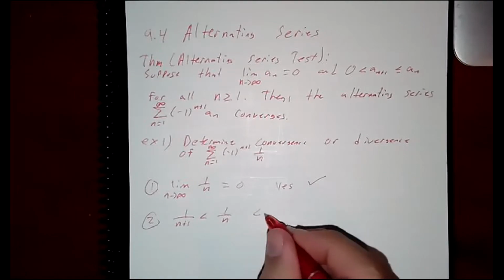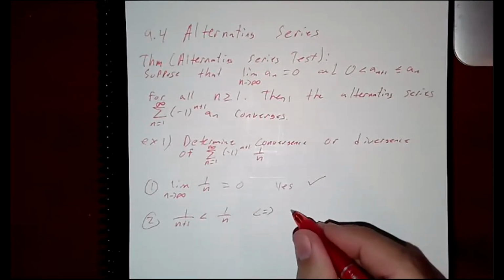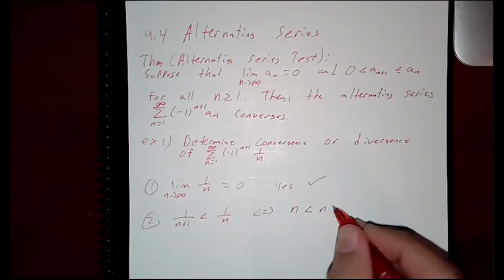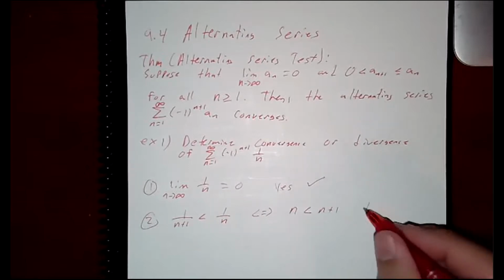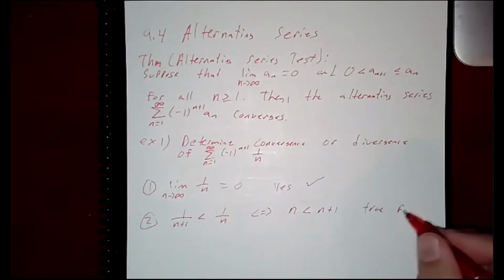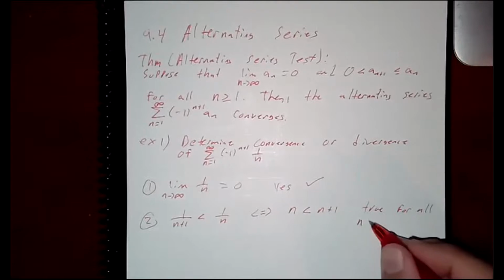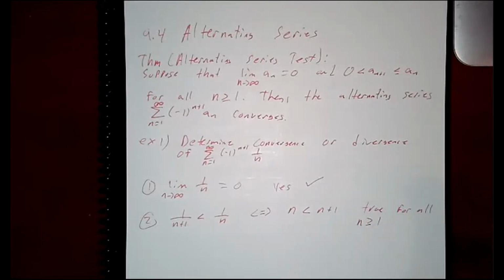If you're not sure, is n less than n plus 1? Same question, right? Yes. And that's true for all n greater than or equal to 1, correct? So check.